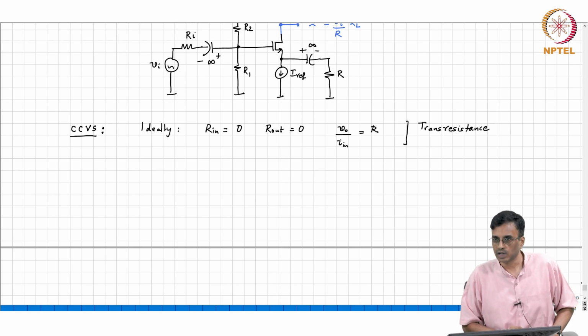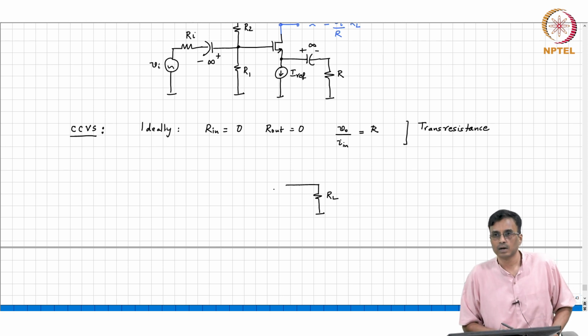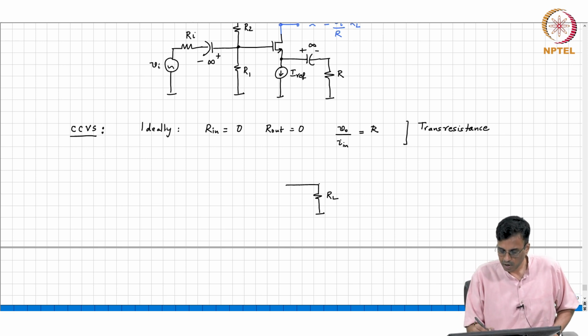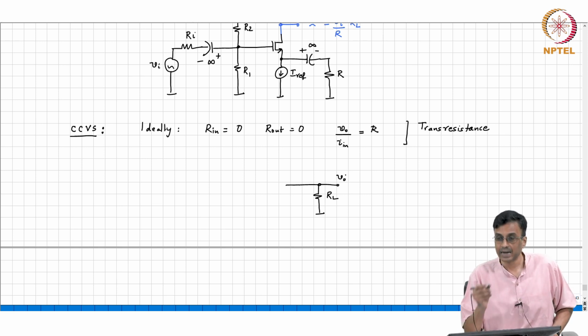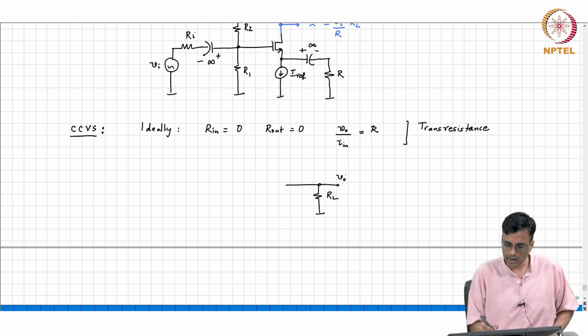If you are in a lab, you want a voltage source, we want an output voltage across some load which we want to be equal to In times R. We have seen this before in the context of an op amp network, correct? All right. So, how did we do that before? What did we do earlier?